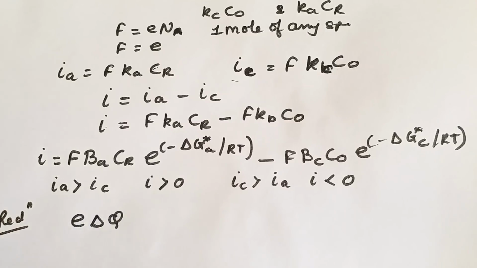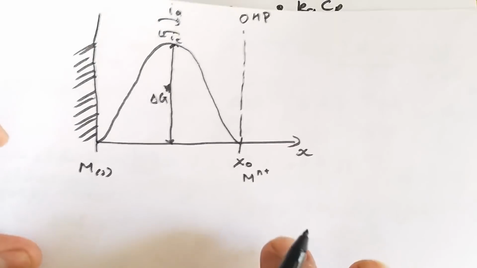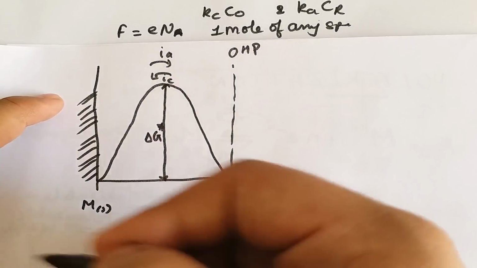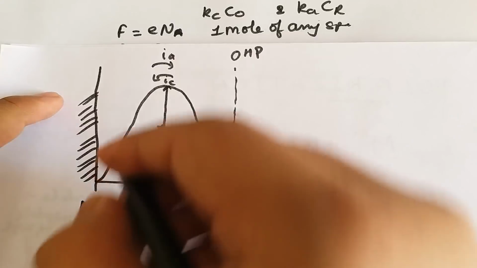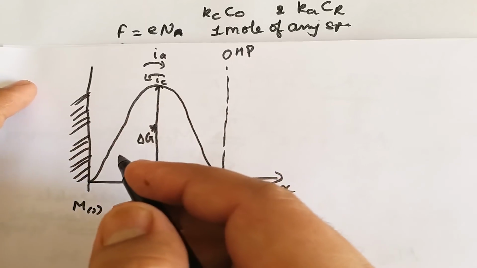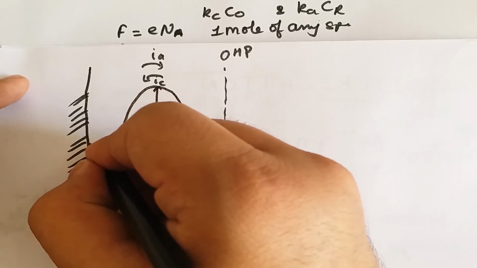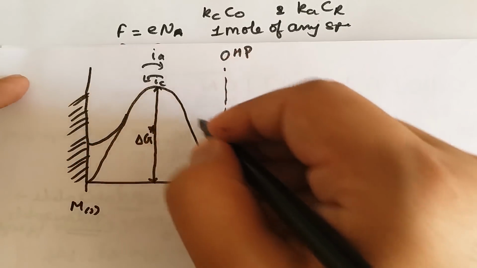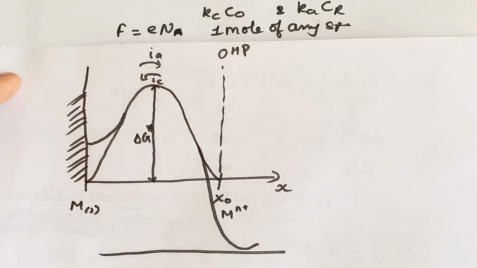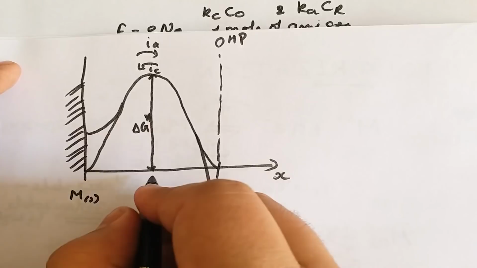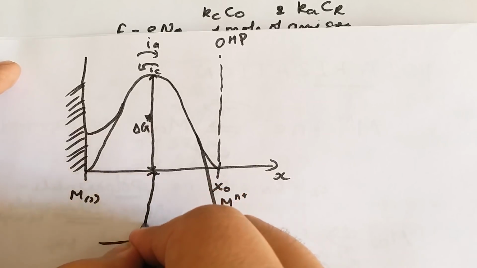Now under non-equilibrium condition, when we see this particular diagram, there is a change in this energy diagram, and the new activation energy diagram, which will be the result of non-equilibrium condition, will be in this particular manner.